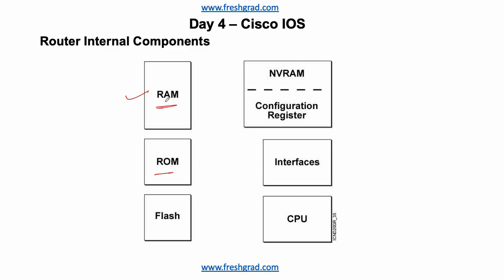It holds the running version of the IOS. Just as with Windows 10 or Windows 11 on your laptop, there are different versions. I will show you the commands in the following slides.